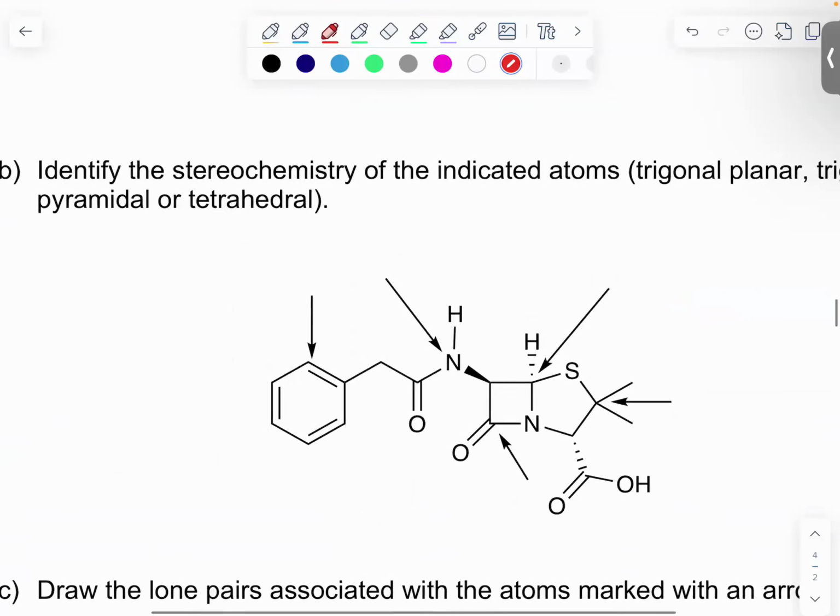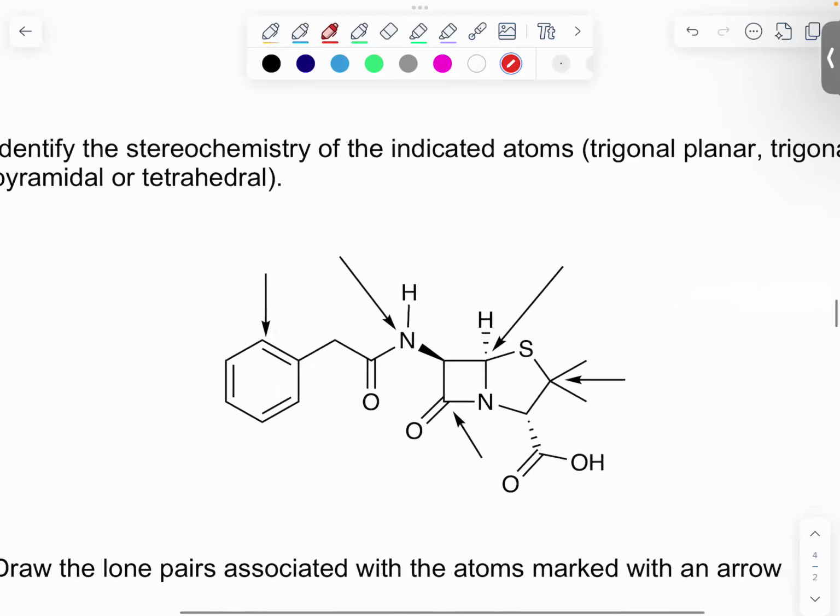Now, this question. We'll start with this. Any thoughts, hypotheses, guesses? Planar. Why? No lone pairs, and it's got 1, 2, 3 things attached.